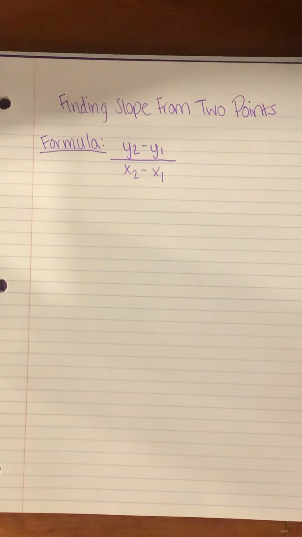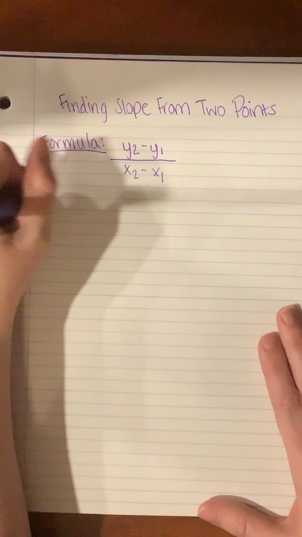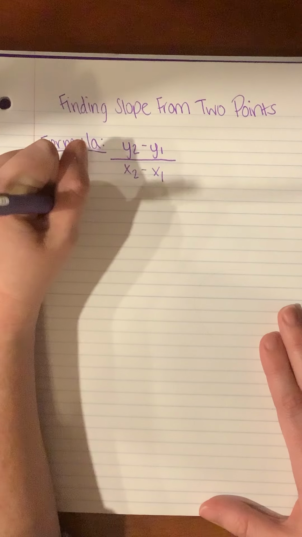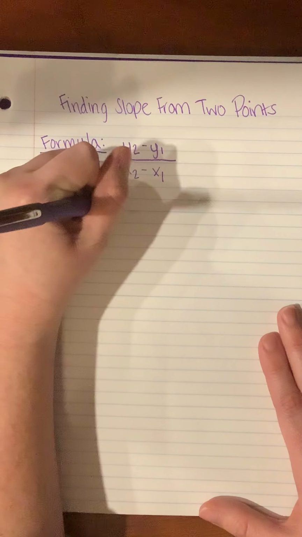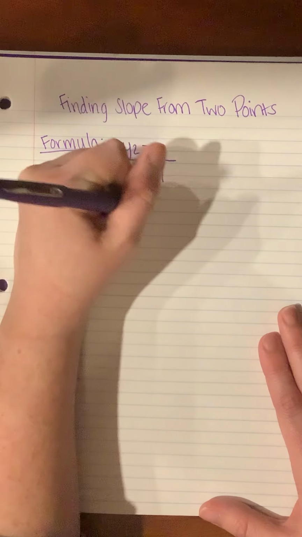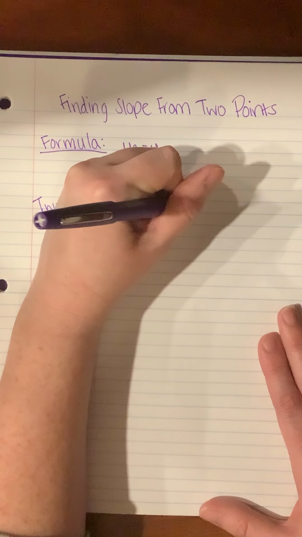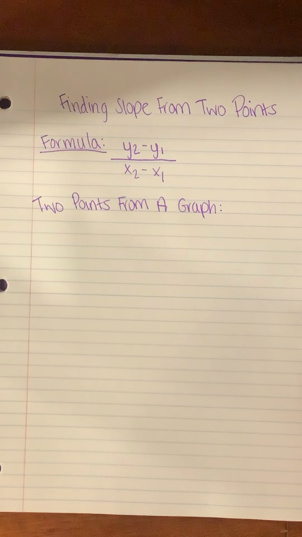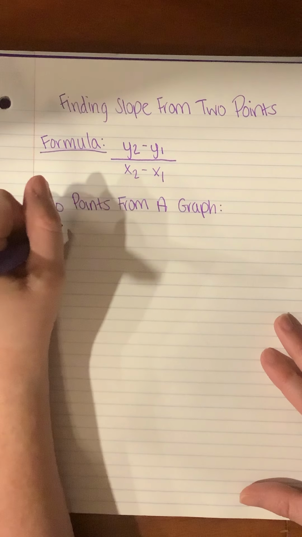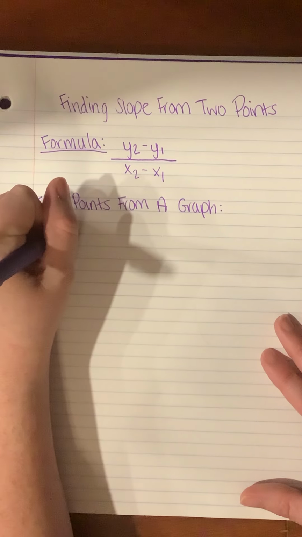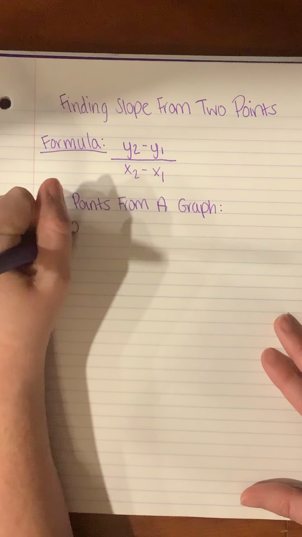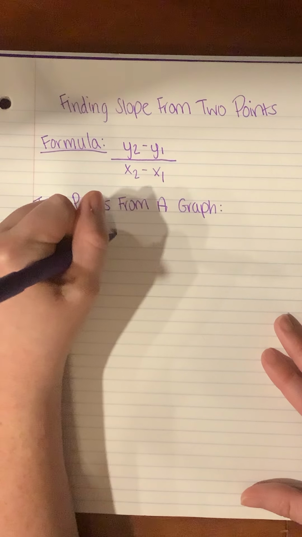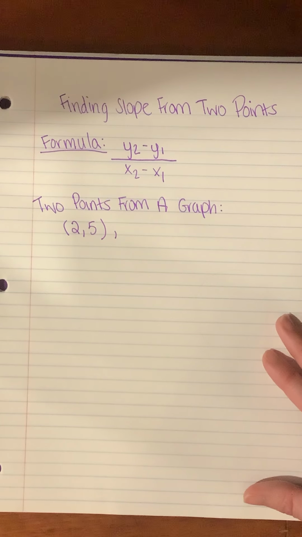So in these types of problems, you're going to be given 2 points on a graph. And they're going to look something like parentheses, 2, 5, and then we'll get a comma in between, so that's our first point.